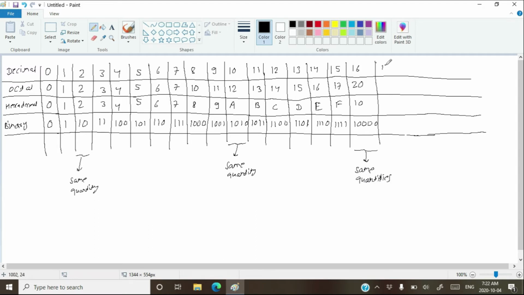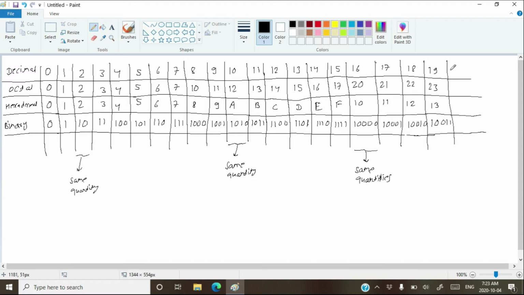After that you have 17, 21, 11 and this one. After that you have 18, 22, 12 and like this. After that you have 19, then 23, then 13, then 10011.